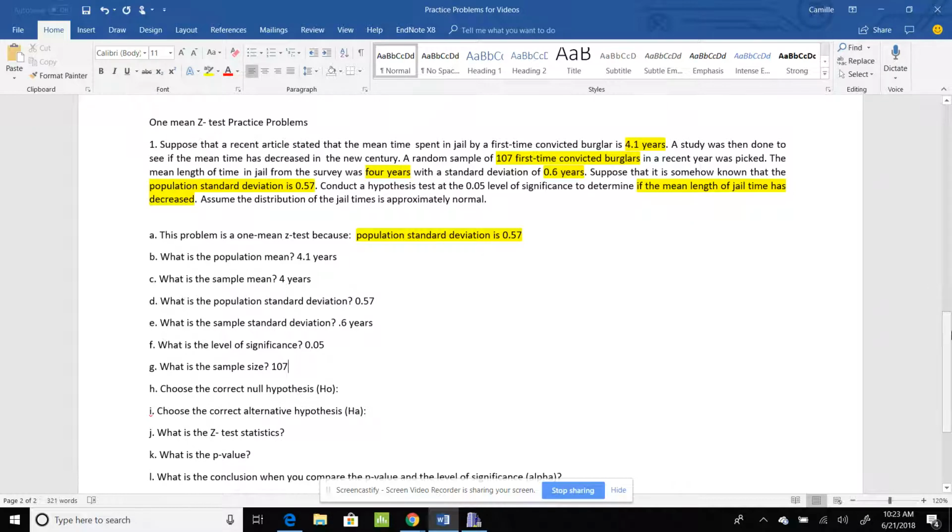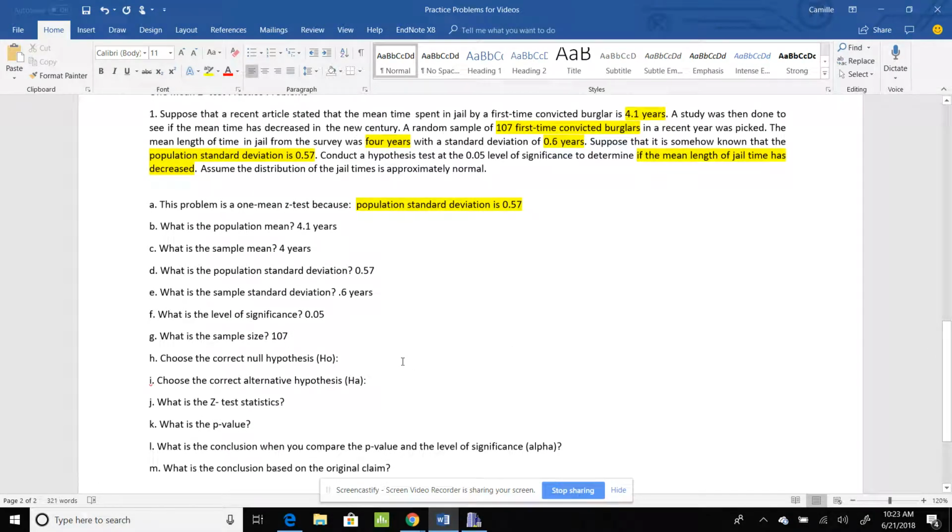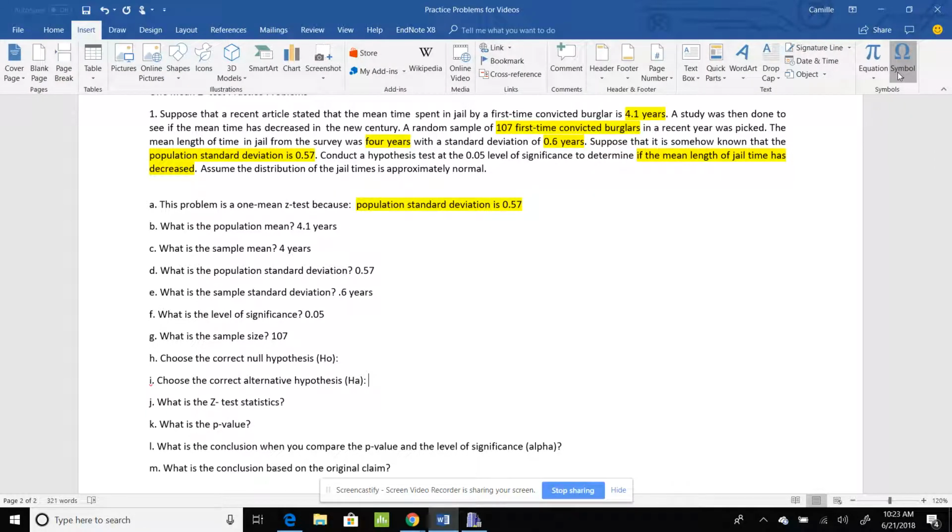The next thing I need to do is determine what my hypotheses are. In this one, it says it's decreasing. And remember, decreasing doesn't mean that it's equal to, it means it's less than. So I can always start with my alternative hypothesis because I know it's less than. I'm in the symbols, and I'm going to put in the mean. So the population mean is less than 4.1 years.